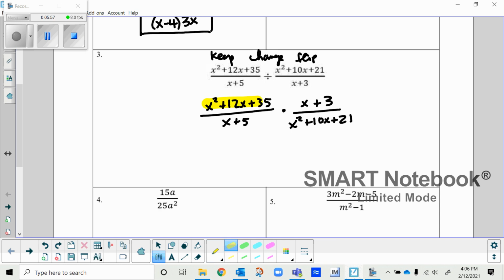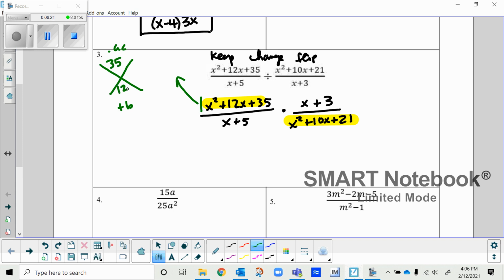We can factor here and here, but x plus 3 and x plus 5 don't factor anymore. So these are trinomials, so we're going to do the cross method. Multiplies to AC and adds to B. So in the top left numerator, A is 1, C is 35, so A times C is 35.